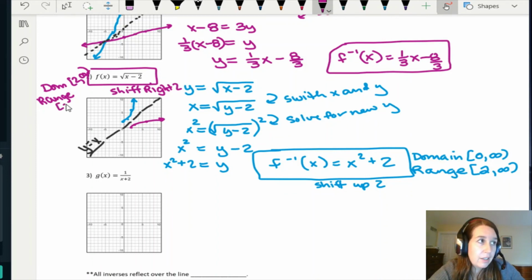So the range is 0 to infinity. So please notice, okay, this is what makes the domain and range easy on the inverses. They are switched, right? So the domain of the original is the range of the inverse, and the range of the original is the domain of the inverse. And that will always happen because remember what we're doing, we're switching the x and the y. So of course we would switch the domain and the range.